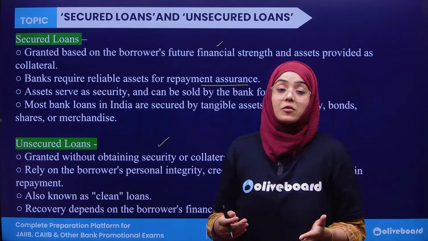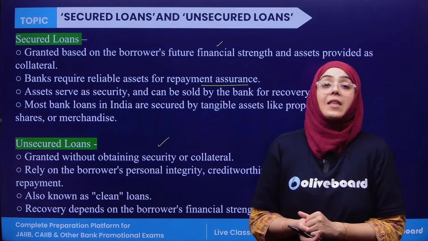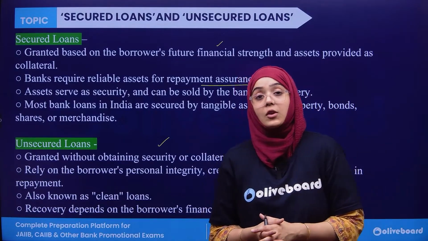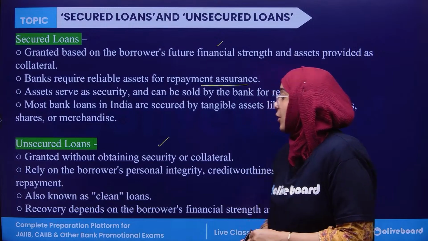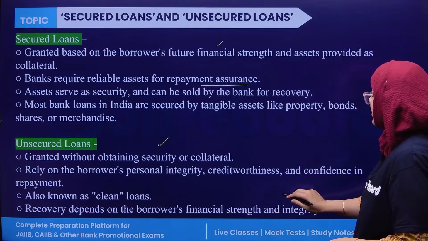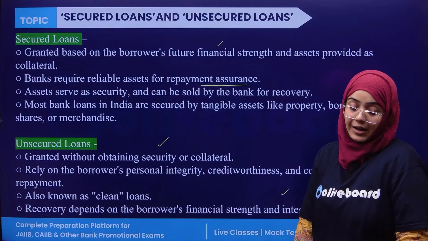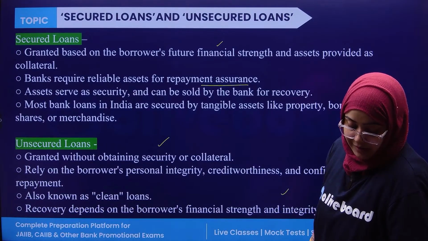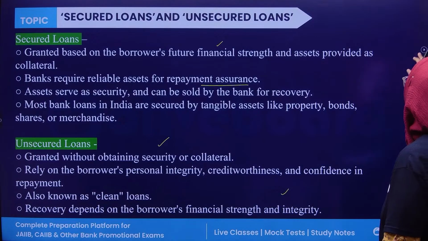If no collateral is given, the risk in the unsecured loan is high, and that's why it attracts a high rate of interest. The unsecured loan is also known as the clean loan. This you have to remember.